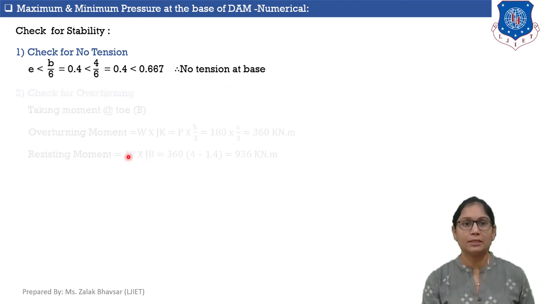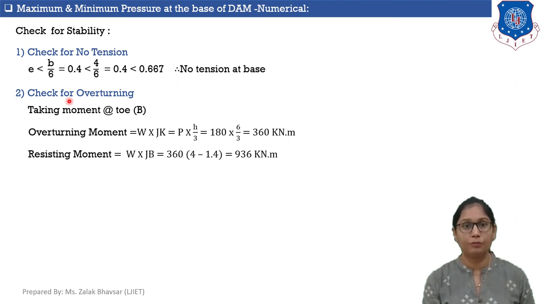Okay, now let's check for overturning. For overturning, first of all, we need to calculate overturning moment, which is equal to W into Jk, which is equal to P into H by 3. Value of P as we calculated is 180. H is the height of water, 6 meters, so I am getting overturning moment is equal to 360 kilonewton meter.